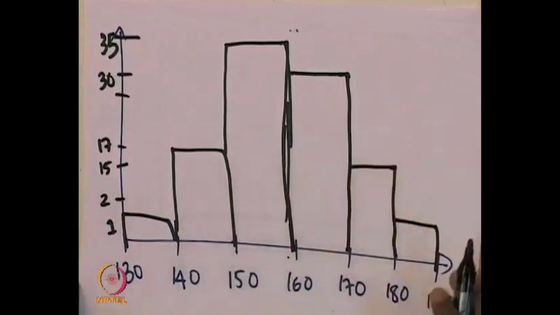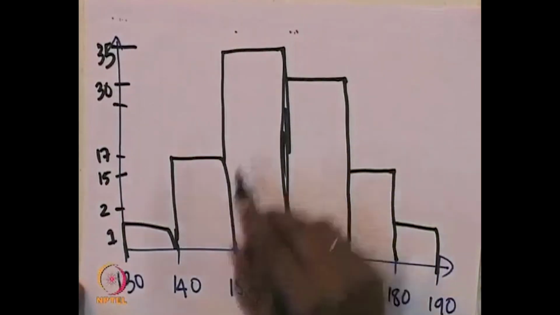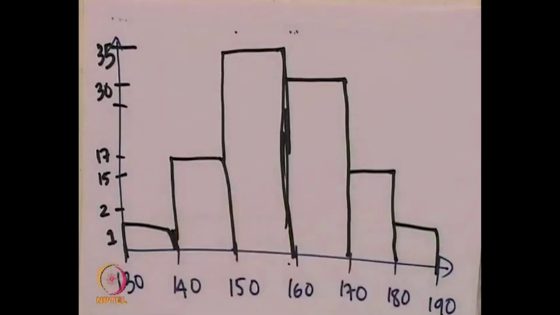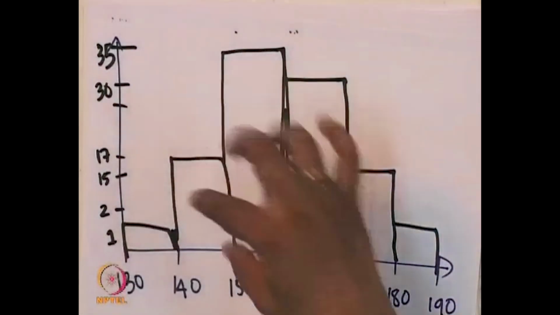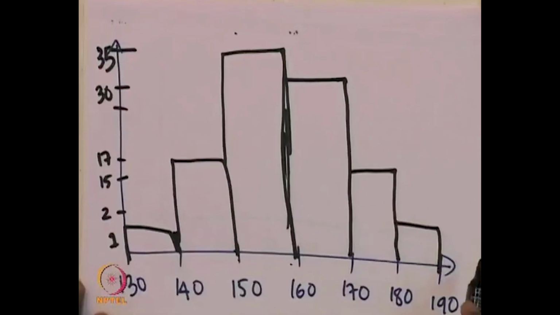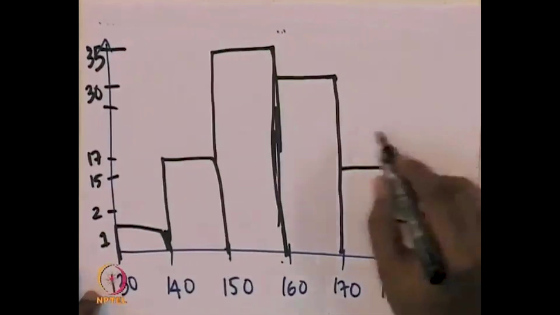So this kind of a block diagram, if you wish, is made of blocks: a block of 130 to 140, another block of 140 to 150, another block of 150 to 160, and so on. This kind of plot is called a histogram.